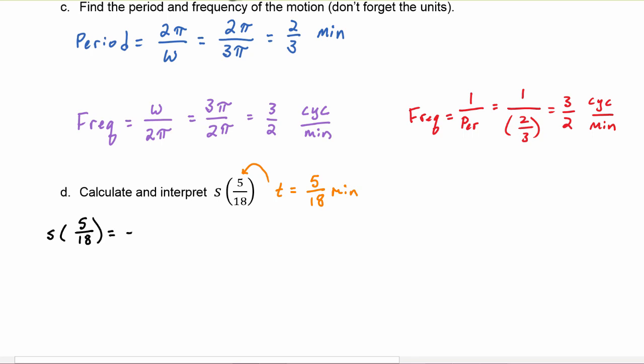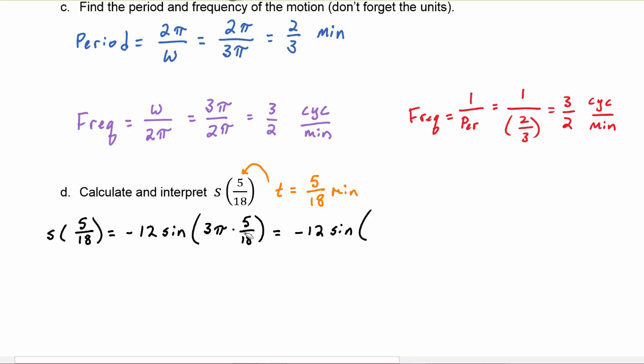That's going to be negative 12 times the sine of the quantity 3 pi times 5 over 18, which is equal to negative 12 times the sine.